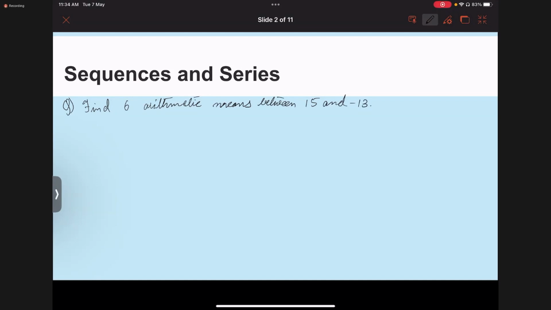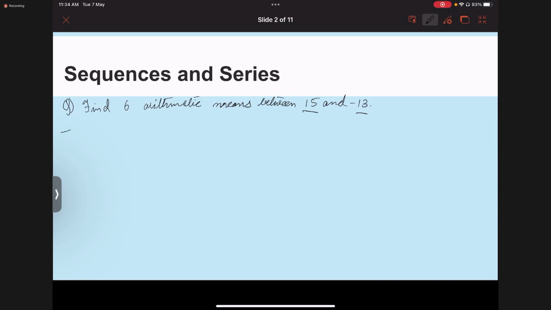Okay, so we have been asked that there are two numbers, 15 and minus 13, and we have to introduce six terms between these, and these six terms are actually your arithmetic means.